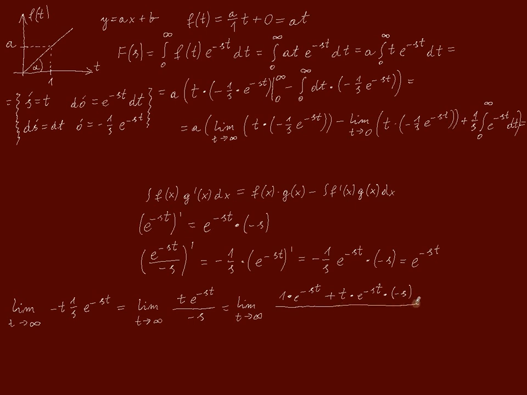S is a constant, so what happened? L'Hopital's rule was supposed to help, but we are in a worse situation than when we started. Furthermore, we still have multiplication of infinity times 0, and on top of that we divide it by 0.